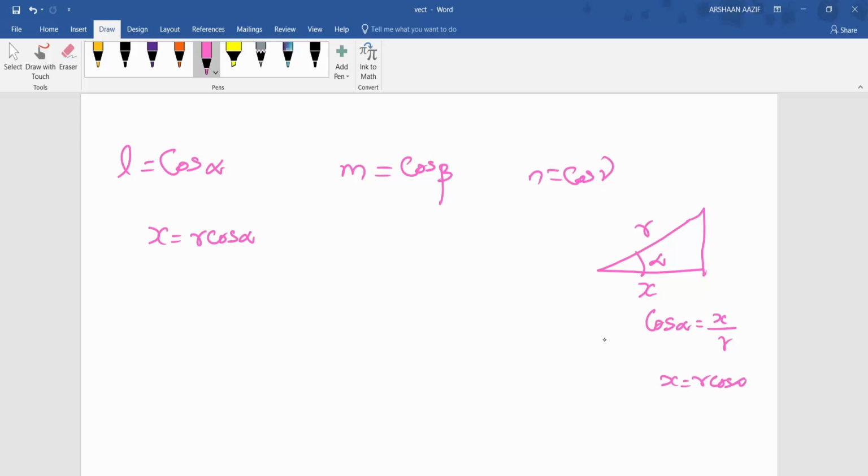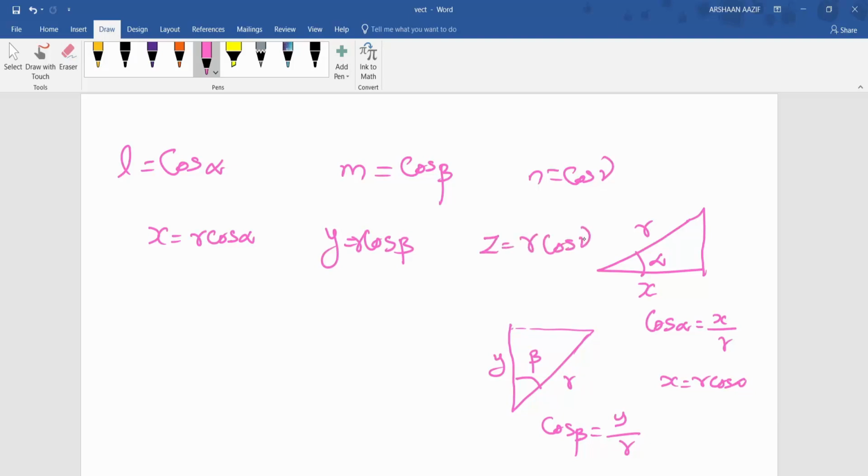In the same way, along the y-axis, this is my y component, this is beta, and this is again r. So cos beta is equal to y by r, so y is equal to r cos beta, and z is equal to r cos gamma.